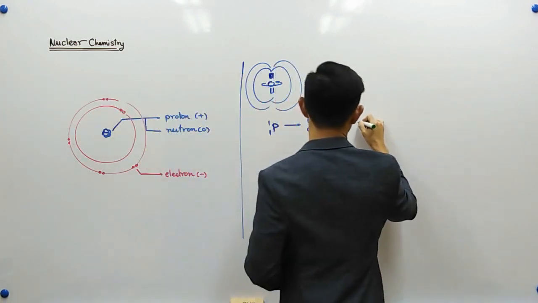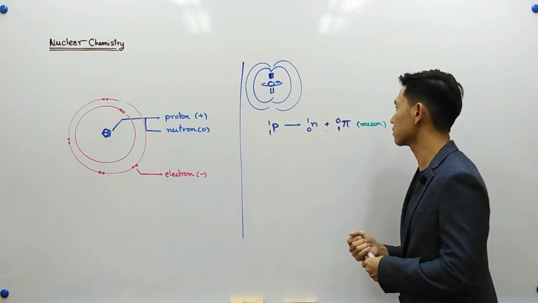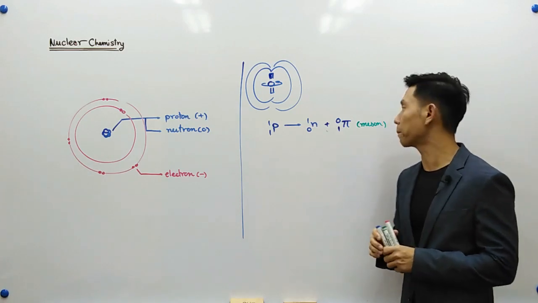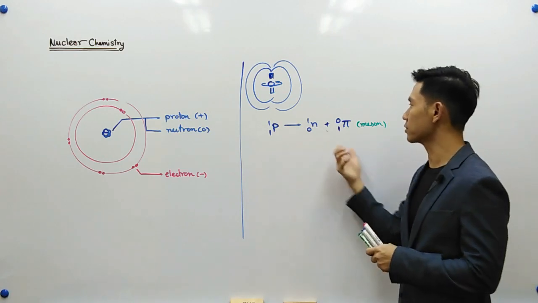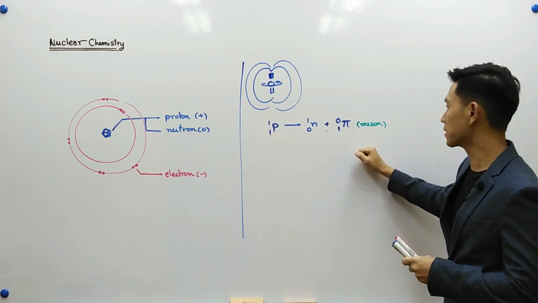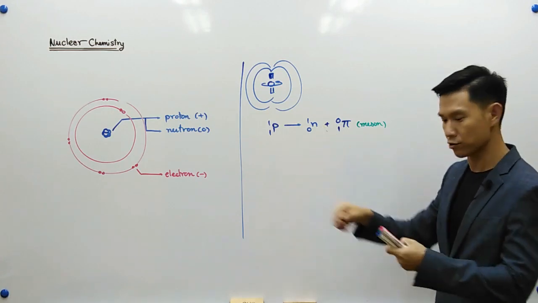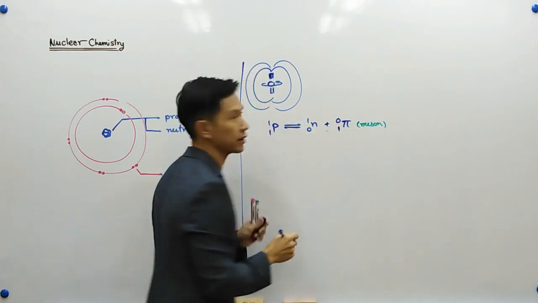The meson is not only produced from this transformation. The meson produced in this transformation can recombine with the neutron and turn the equilibrium back to proton like this.